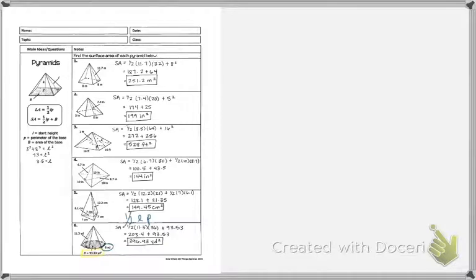So it's 6, 6, 6, 6, 6, 6. That's 3 6s, 6 6s. So 6 times 6, 36. They give you the lateral, the slant height here. And they give you the base. Bam.